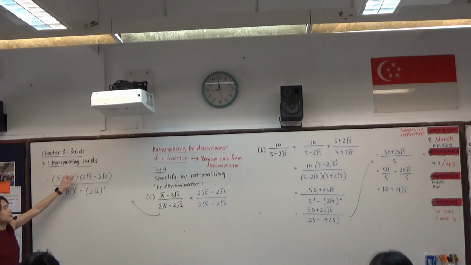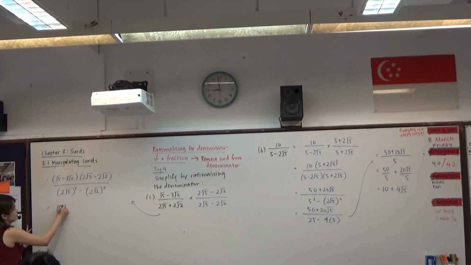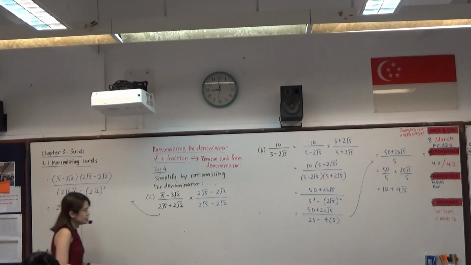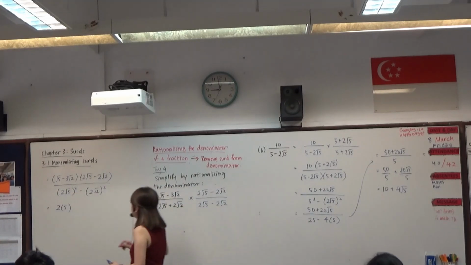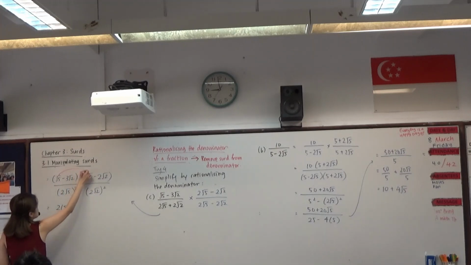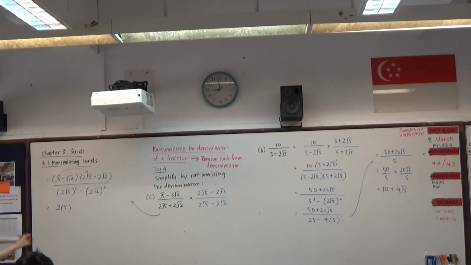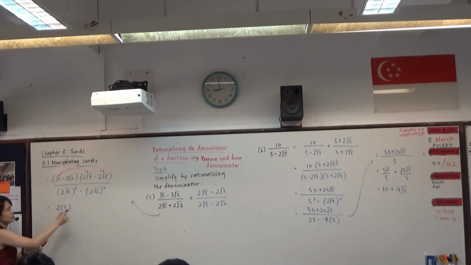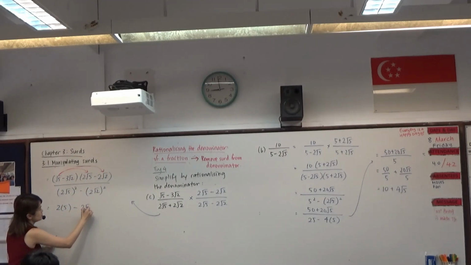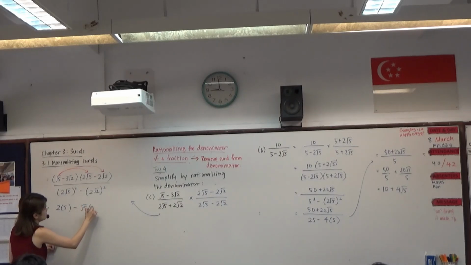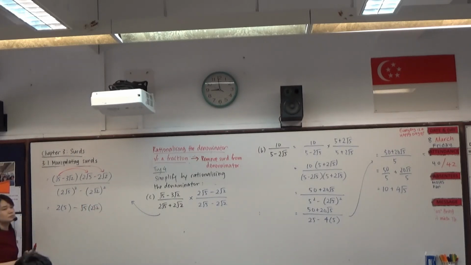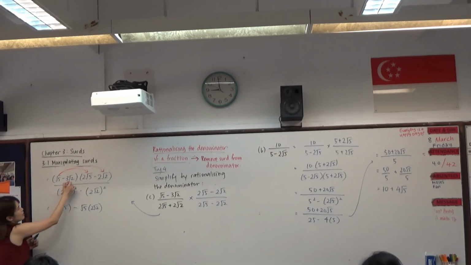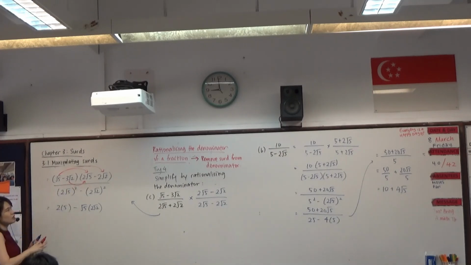So root 5 times 2 root 5, that will give us 2 times 5. Root 5 times negative 2 root 2. Followed by negative 3 root 2 times 2 root 5.